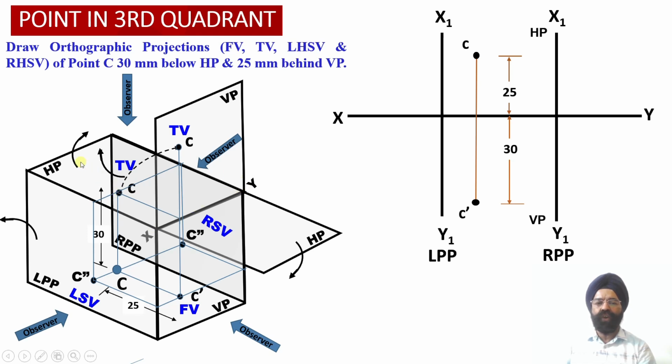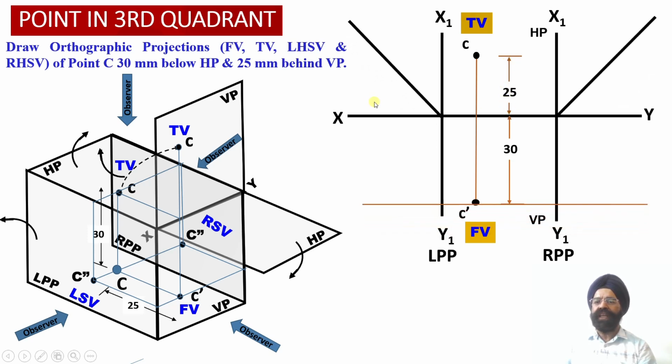Now we have carried out the rotation of the horizontal plane about this XY reference line or the hinge in the clockwise direction. So this point C will be rotated to move in the upward direction, and this will be available at a distance of 25 millimeter above the XY reference line. So point C, that is the top view projection of this point, has been obtained at a distance of 25 millimeter above the XY reference line over here.